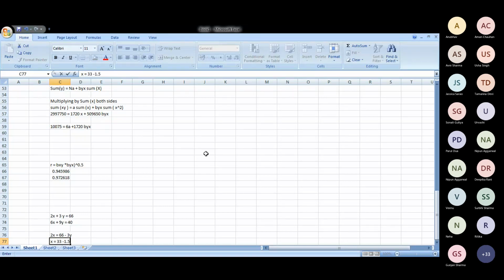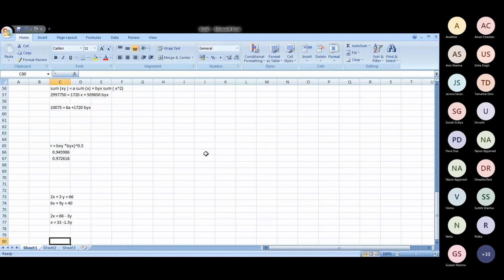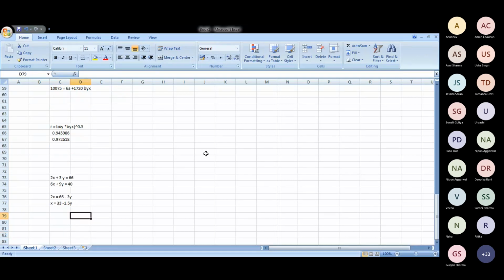So this becomes the equation. Now if we are comparing this x on y, the bxy value comes out to be minus 1.5.